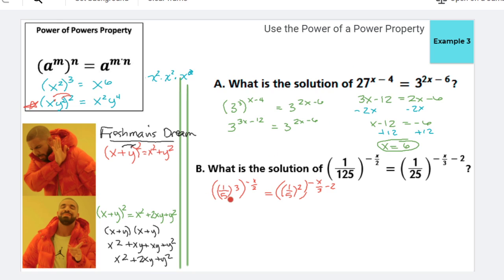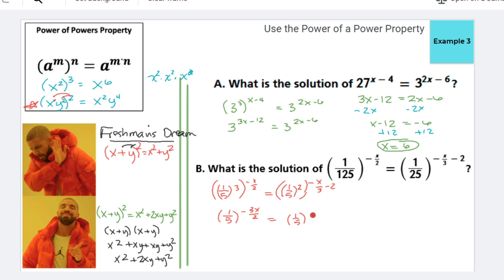So our power of a power property says if you have a base raised to 2 exponents, you can multiply those exponents together, okay? So this is going to turn into 1/5 to the 3 times negative x over 2, which is negative 3x over 2. And here I have my 1/5, and then I'm going to distribute my 2 here.